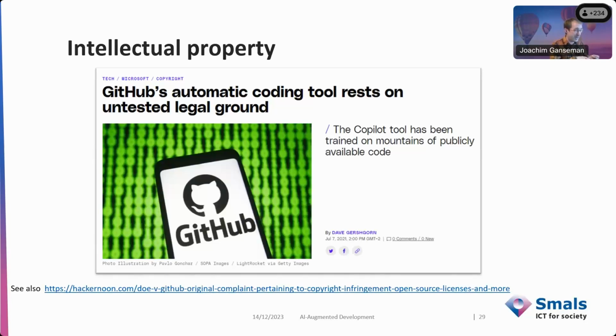And Microsoft keeps its mouth shut as to whether that code was included, yes or no, but it's kind of likely it was, at least in the first iterations of GitHub Copilot. The legality of these copyright issues is way too much to talk about now, but I'm just going to refer to an interesting article on HackerNoon. It's an article in 37 chapters that basically lays out the entire dispute.